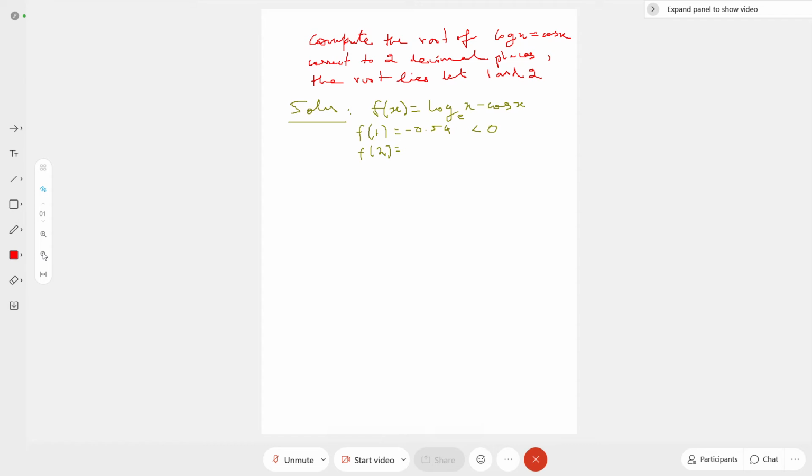I think you are not using the radian mode. Yes, f2 is positive, 1.1093.